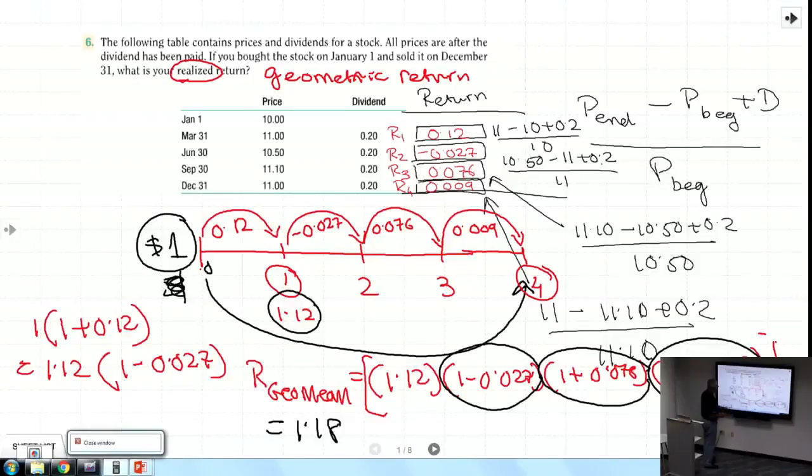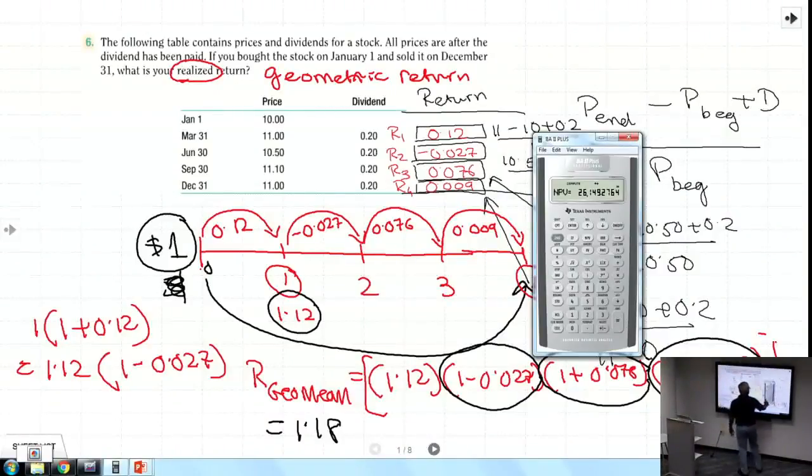So let's see. We'll check over here. So it's 1.12 times 1 minus 0.027, that's 0.973, multiplied by 1.12, so that's 1.08.